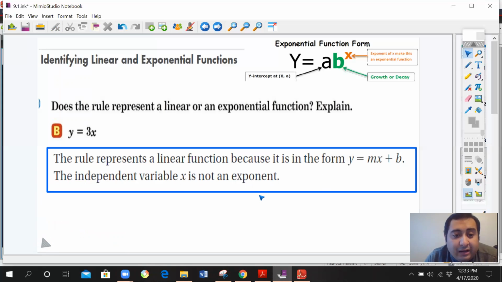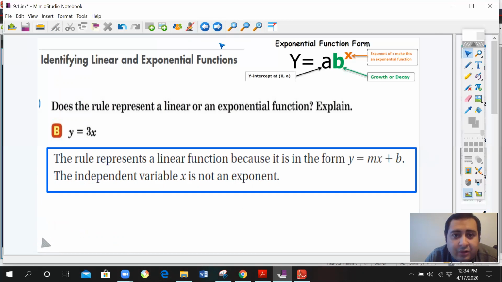This is more of a linear function. So the rule represents a linear function because it is in the form y equals mx plus b. The independent variable x is not an exponent, like I mentioned. So it's just a couple of examples so you could determine which one is exponential or linear.